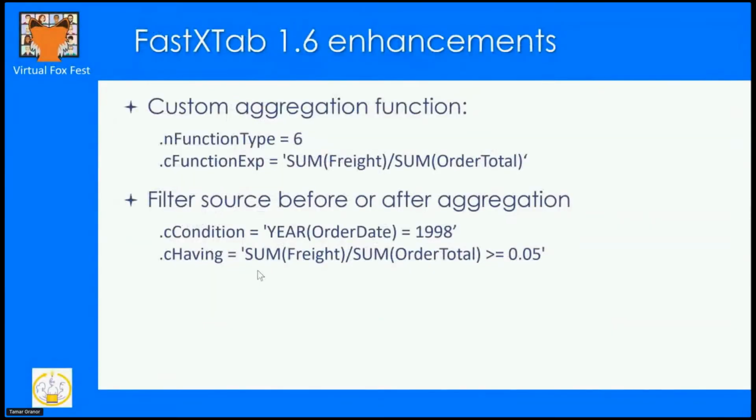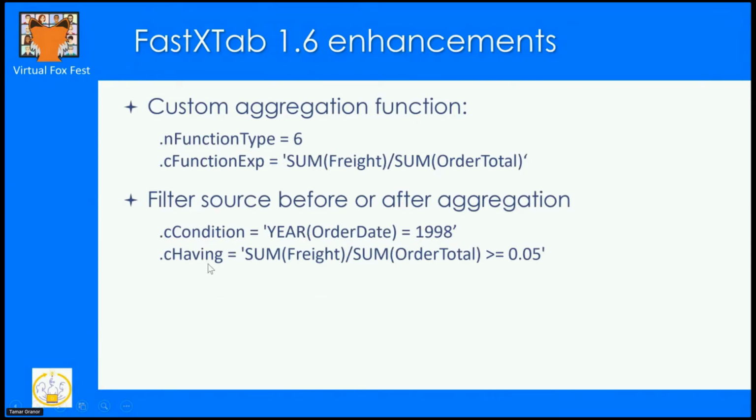And one more thing I'll talk about here, but not demonstrate, is that we can filter both before and after aggregation. The C condition property of FastXtab 1.6 lets us say, before you do the crosstab, keep only the records that meet this condition. So we could have limited that previous example to just 1998 with this expression.